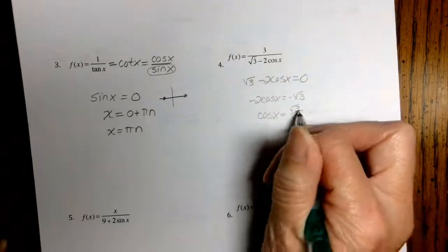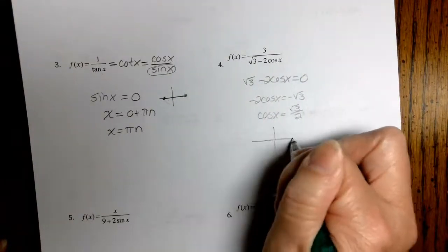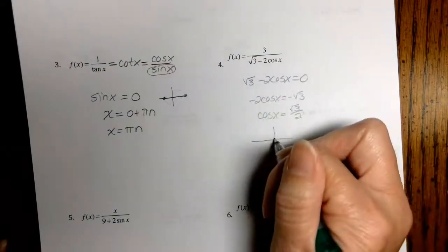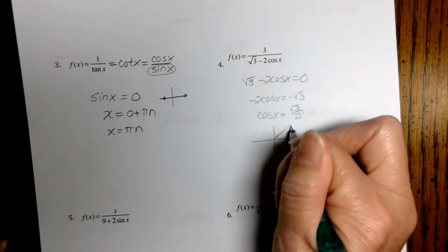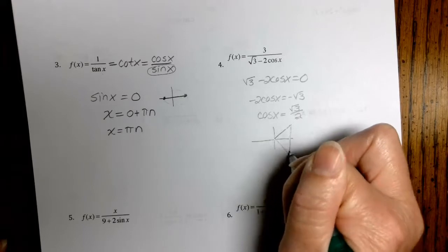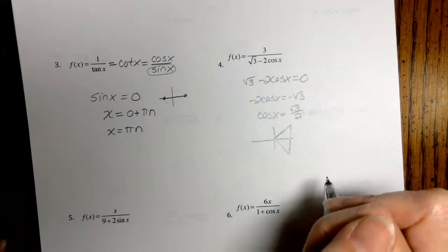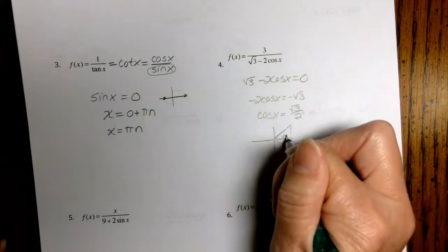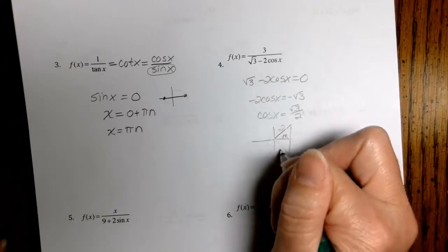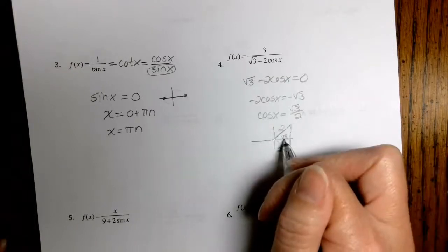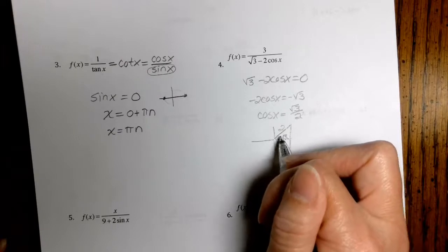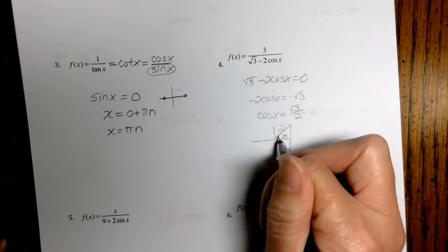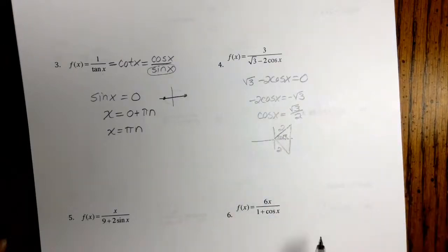And when is that cosine equal to root 3 over 2? Well, it's positive, so I'm dealing with quadrant 1, quadrant 4. Cosine is adjacent over hypotenuse, so I'm looking for the angle right next to the root 3. Its partner is that 30.